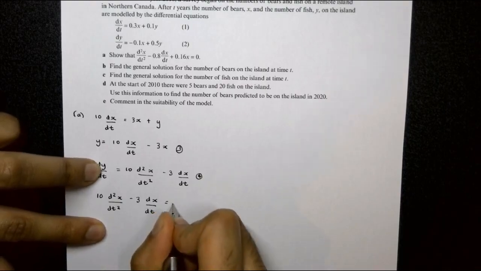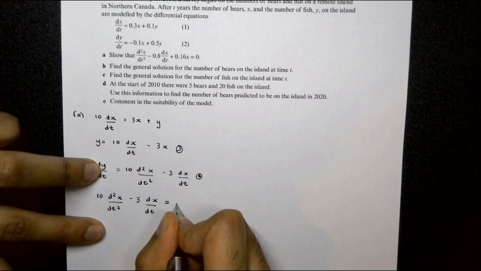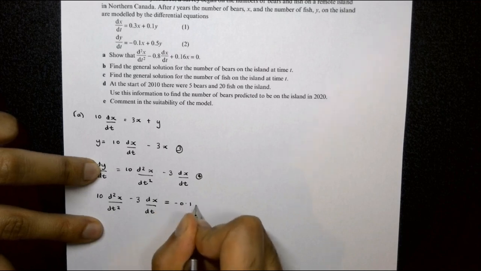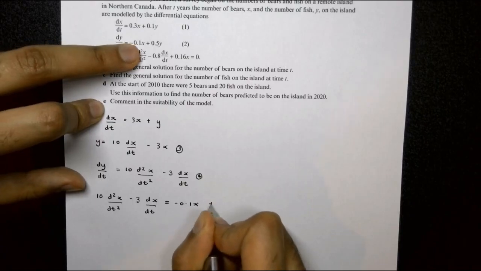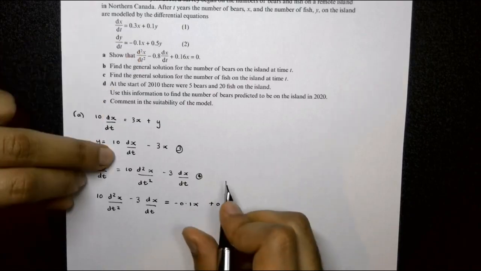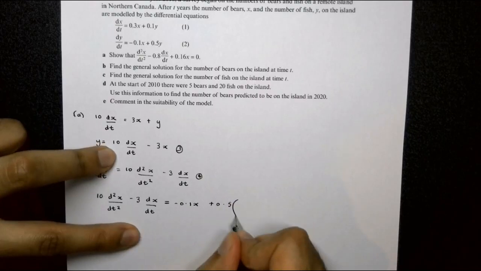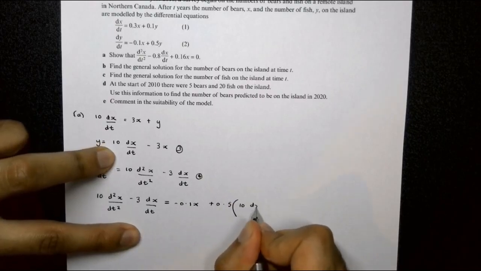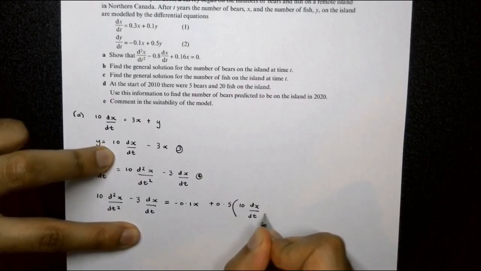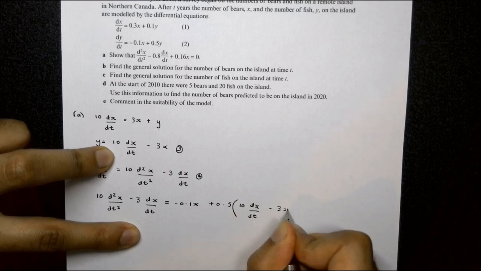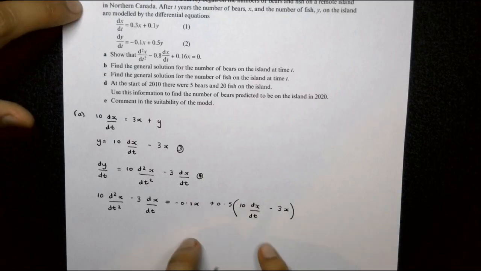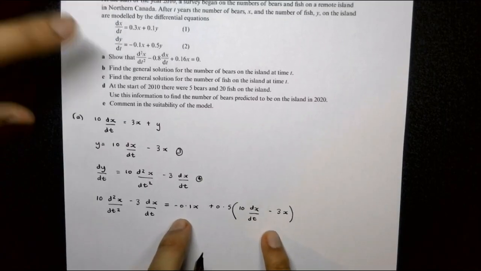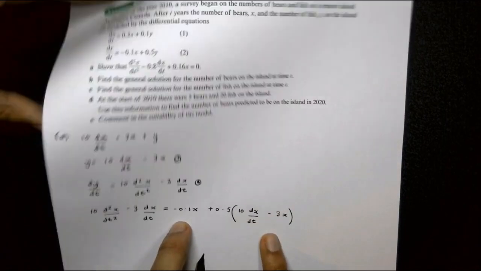This is equal to minus 0.1x plus 0.5y, and y is the result we have over here, 10 dx over dt minus 3x. So what we can do is tidy all this up. Hopefully we'll end up with what we have over here.